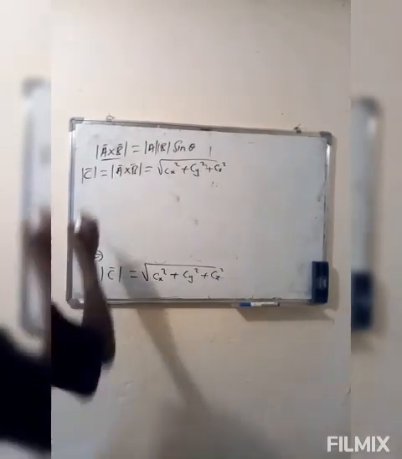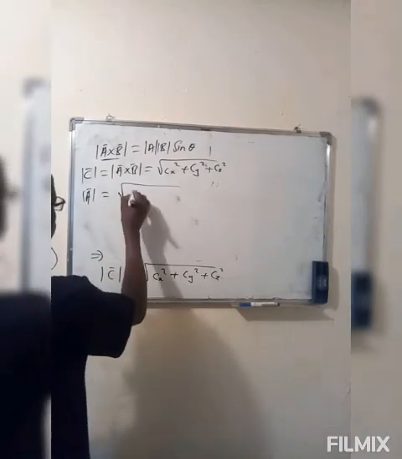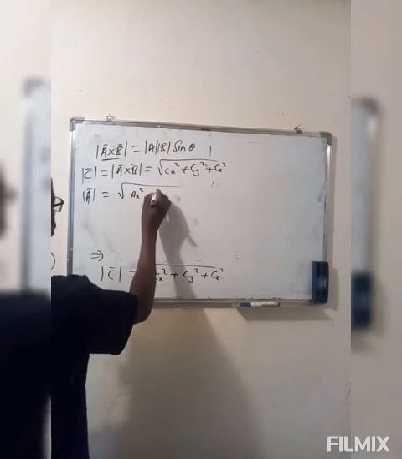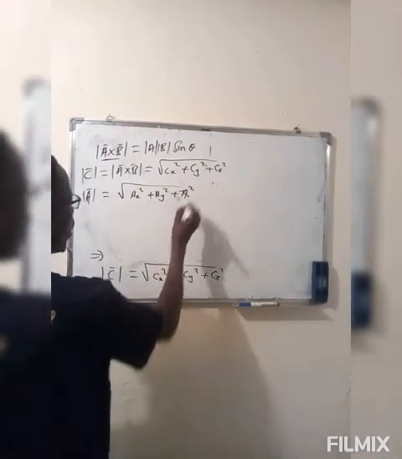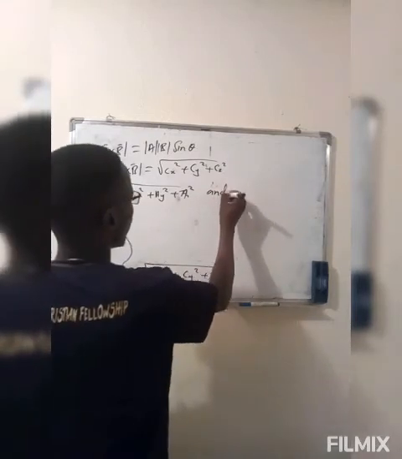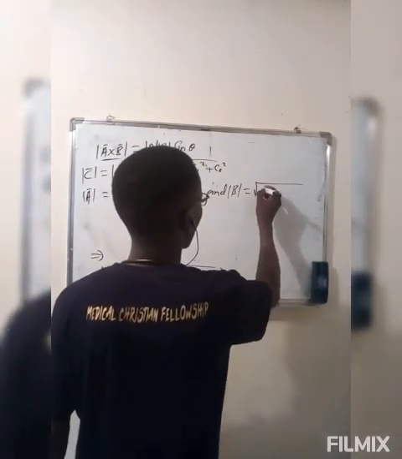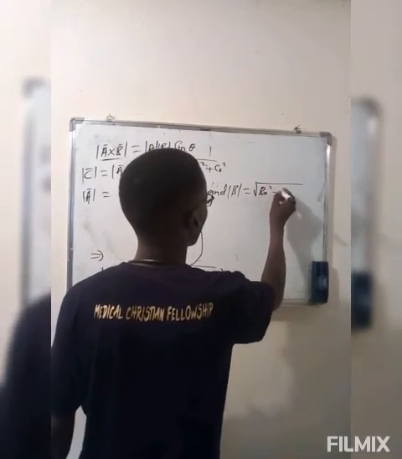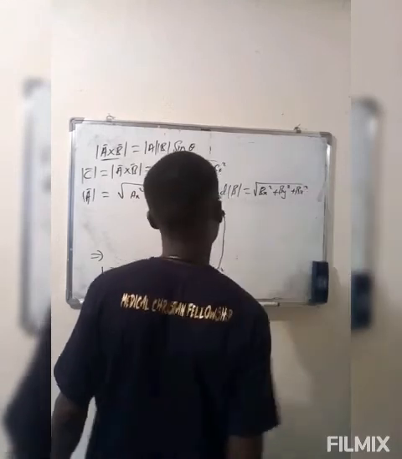Then the magnitude of A is equal to the root of ax squared plus ay squared plus az squared, and the magnitude of B is equal to the root of bx squared plus by squared plus bz squared.